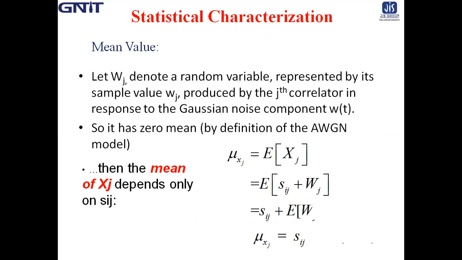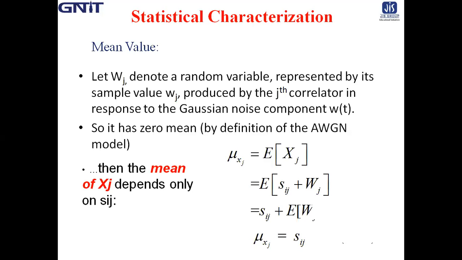Let Wj, capital Wj, denote the random variable represented by the sample value wj produced by the jth correlator in response to the white Gaussian noise component W(t).